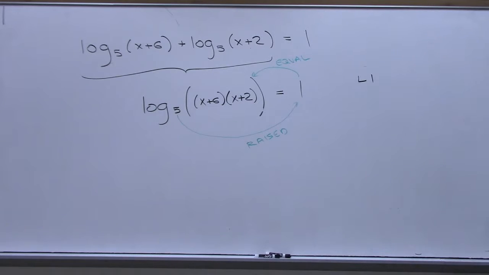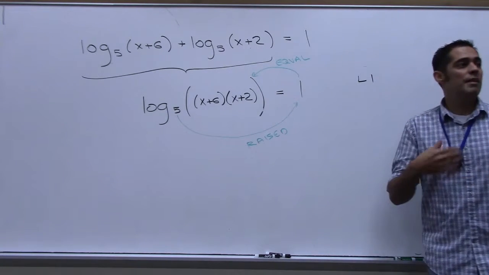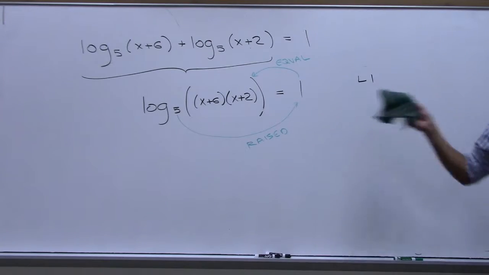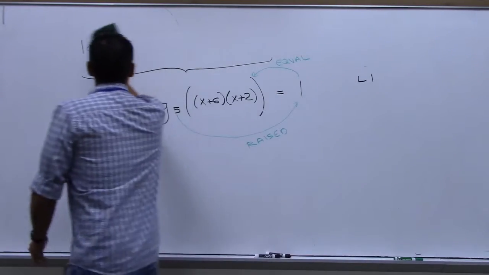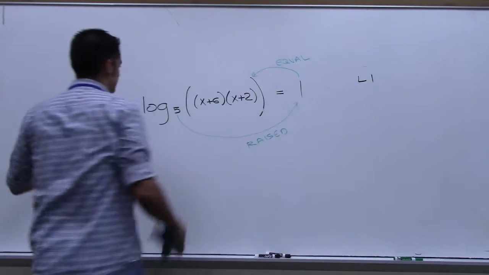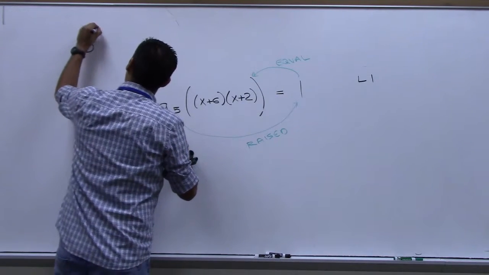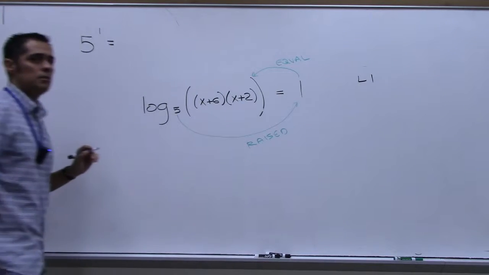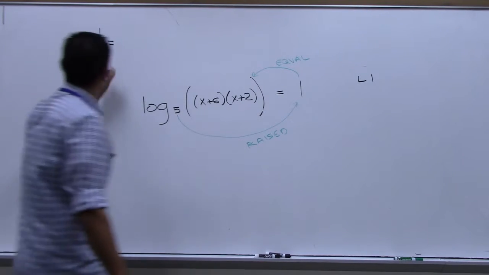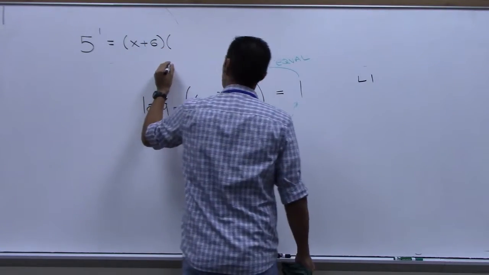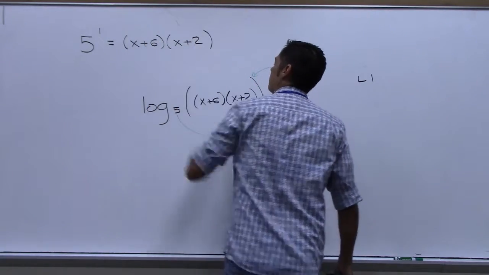So what I'm doing is converting from a log equation over to an exponential equation. Right? This is how we converted back and forth. All right, so let's convert this. This becomes, what, 5 to the first power must be equal to x plus 6 times x plus 2.